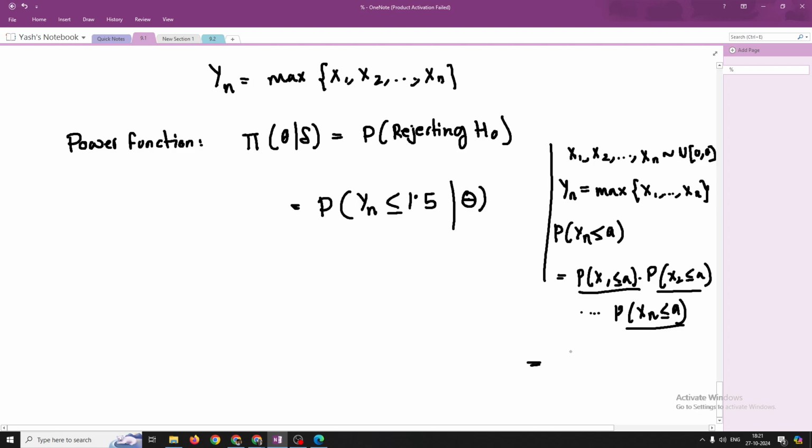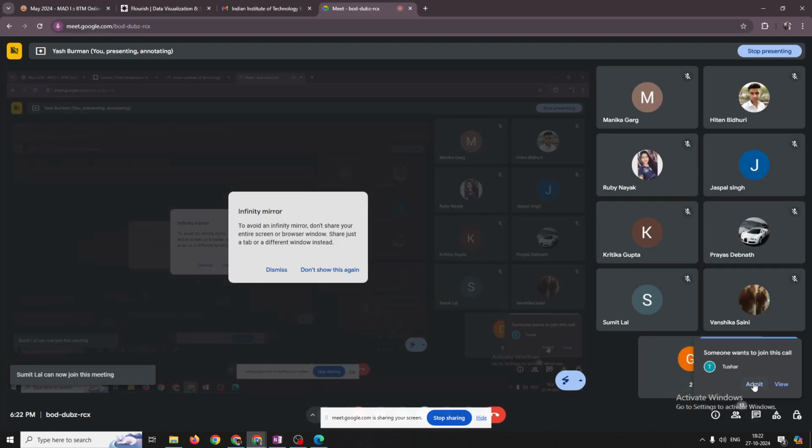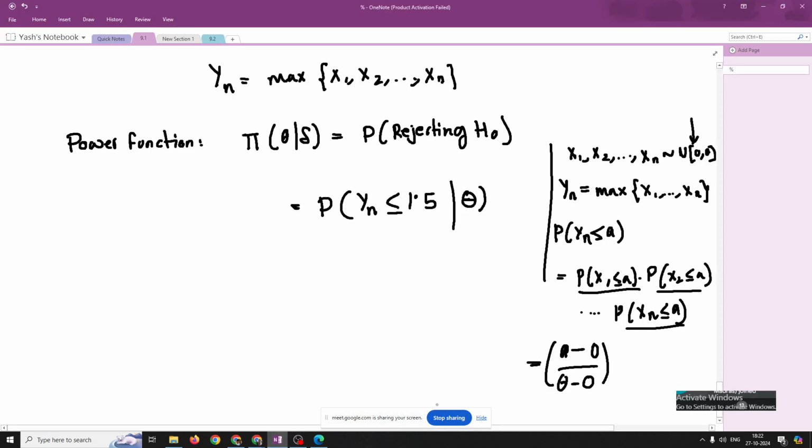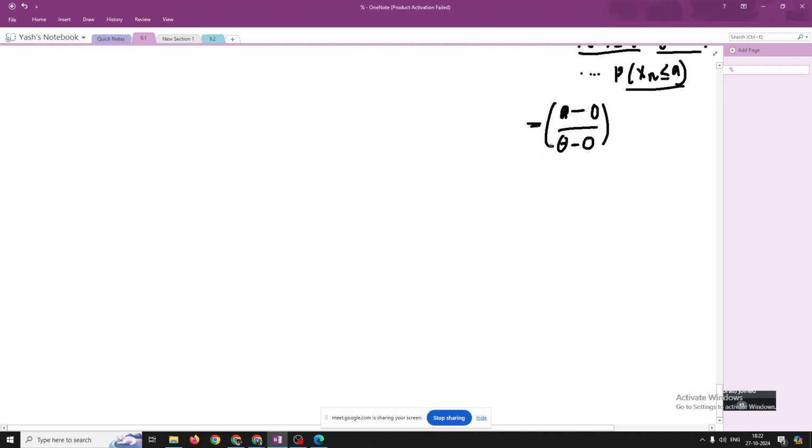We have a formula for the CDF of the uniform distribution, and it is just the value that we are talking about minus the lower limit, divided by the upper limit minus the lower limit. So the upper limit is theta, the lower limit is 0, and this would just turn out to be a by theta.